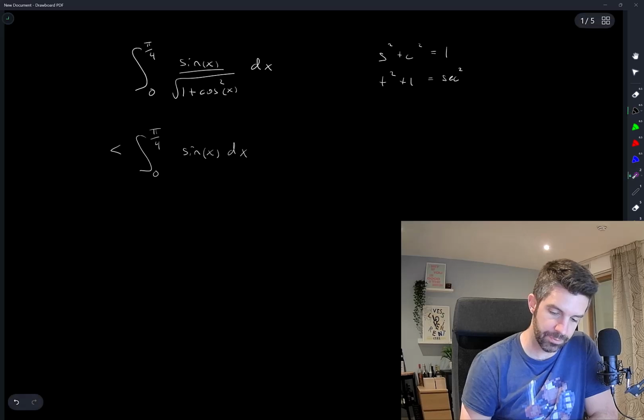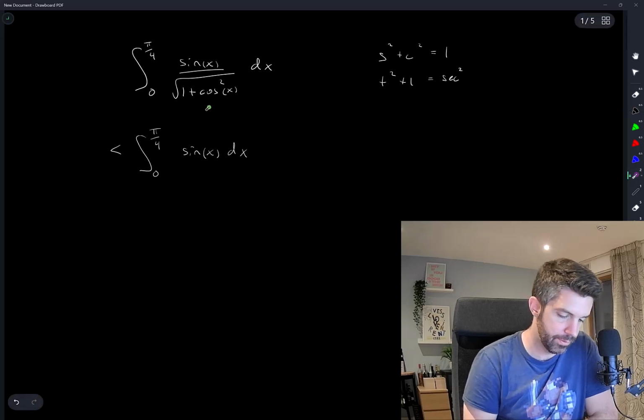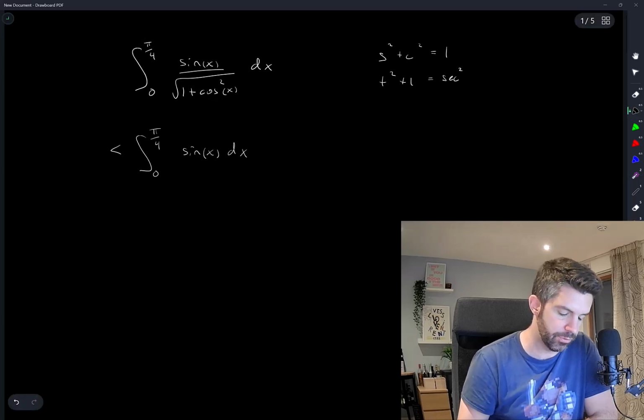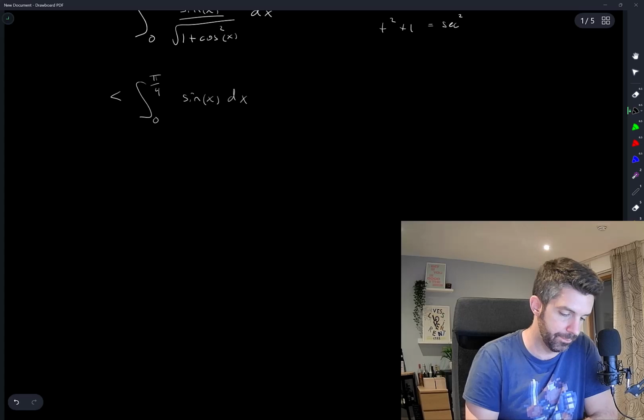And we might be able to do better than that based on the minimum and maximum value of cosine squared in this interval. But let's just continue with this for now to see what comes out of it.